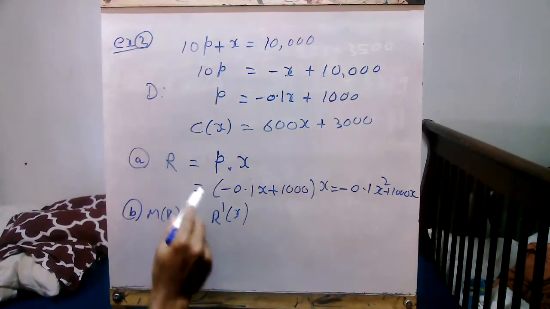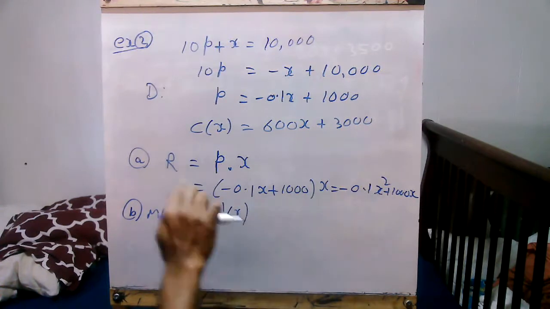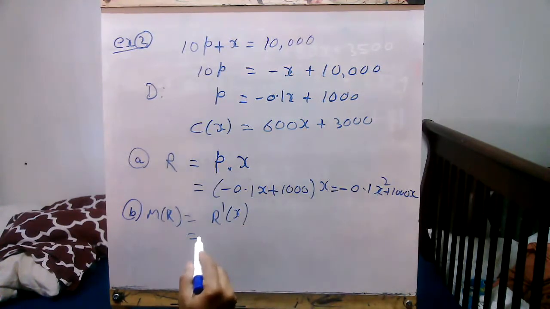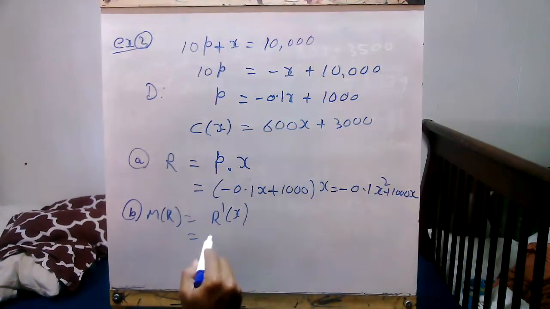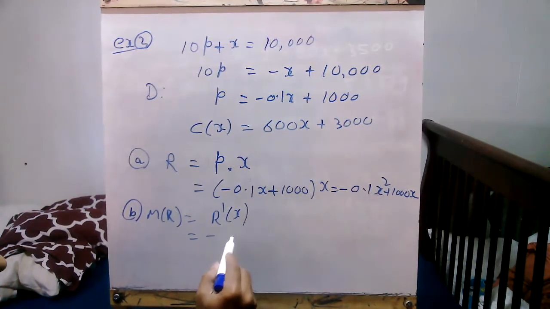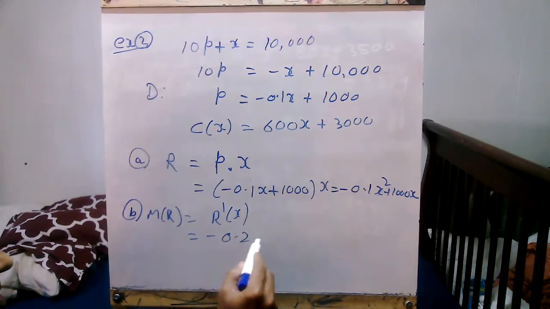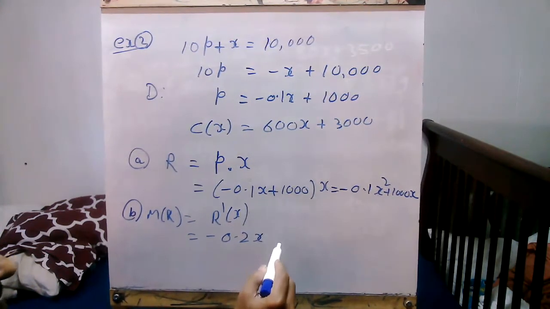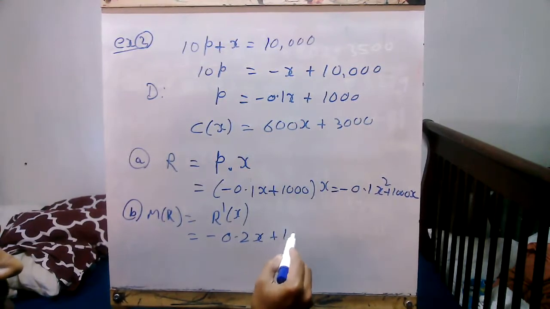Revenue function, differentiate this. Revenue function is this, index n minus 1, negative 0.2x plus 1000.